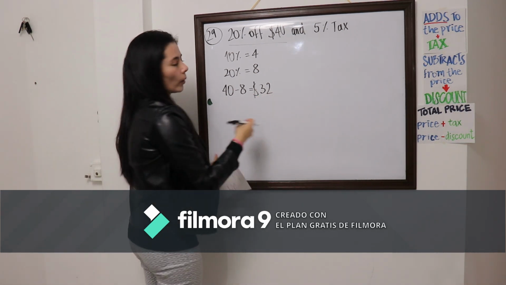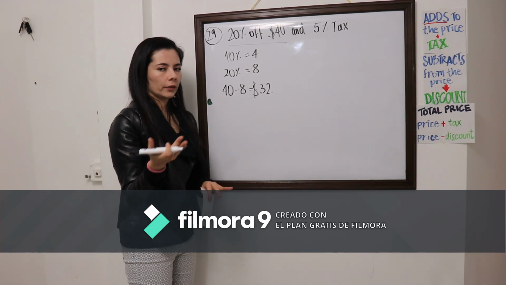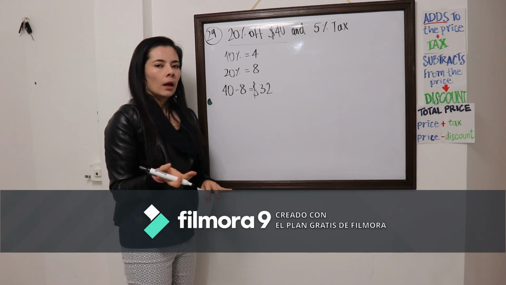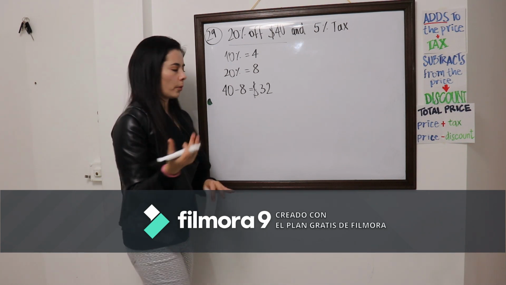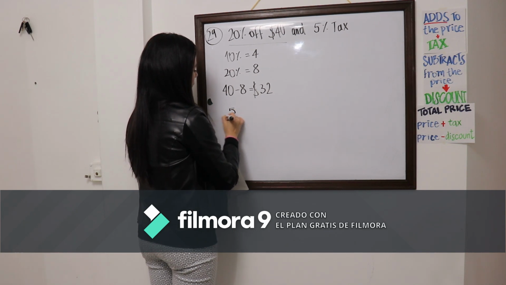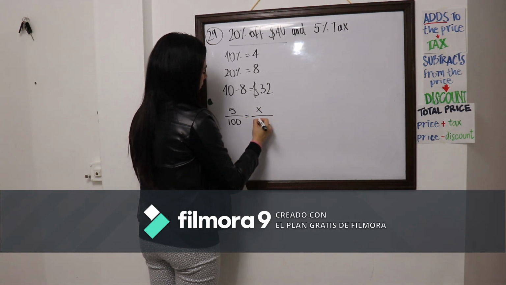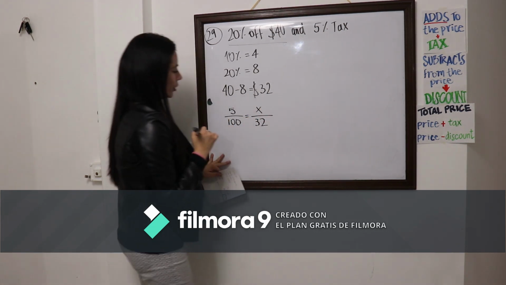How am I gonna do that? Well, I can use a proportion, right? Or you can use mental math if you're good enough not to use the proportion all the time. So I know I have to use 5 over 100. It's gonna be what quantity out of 32, right?